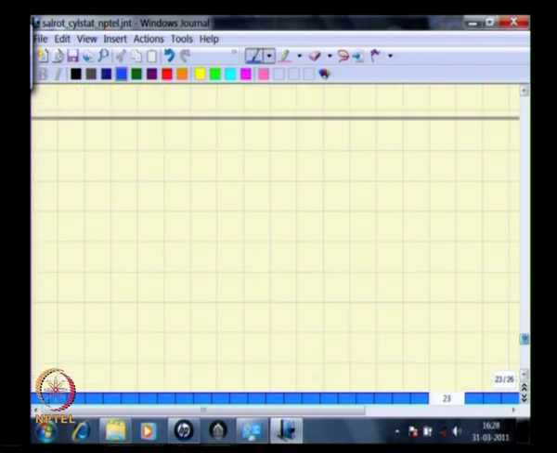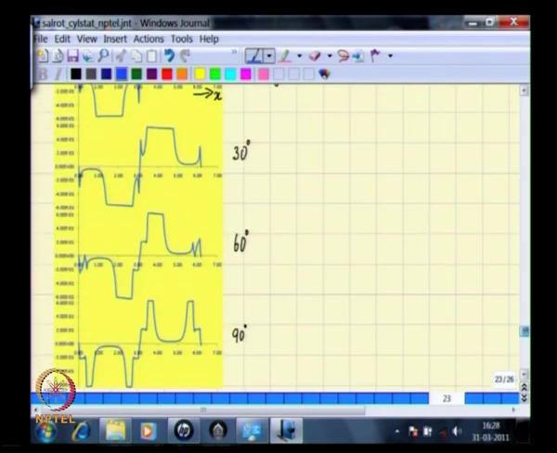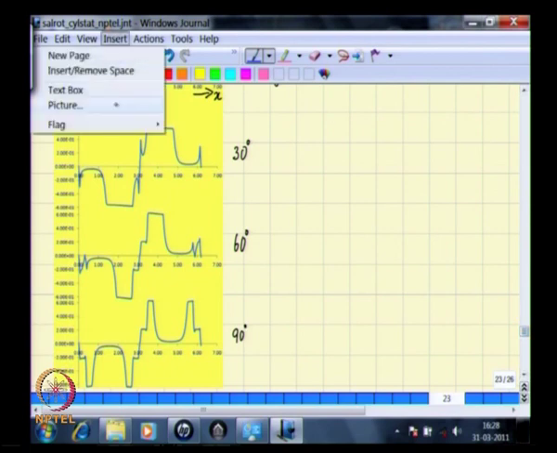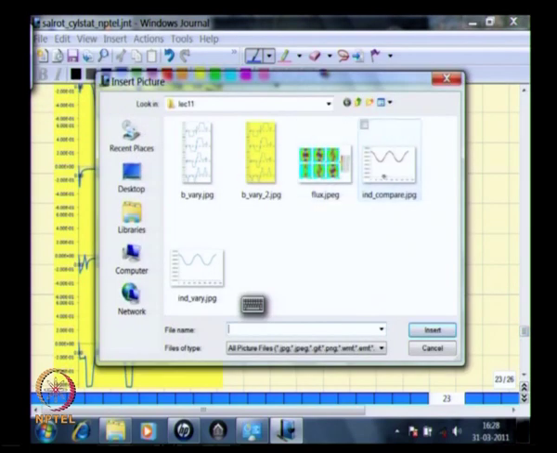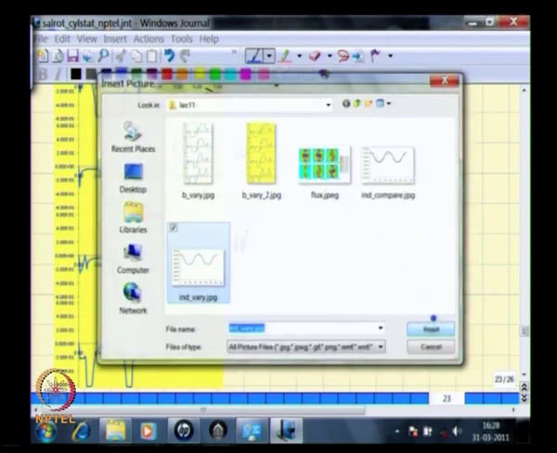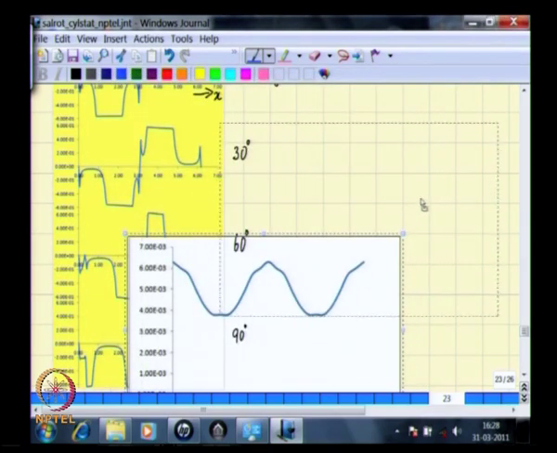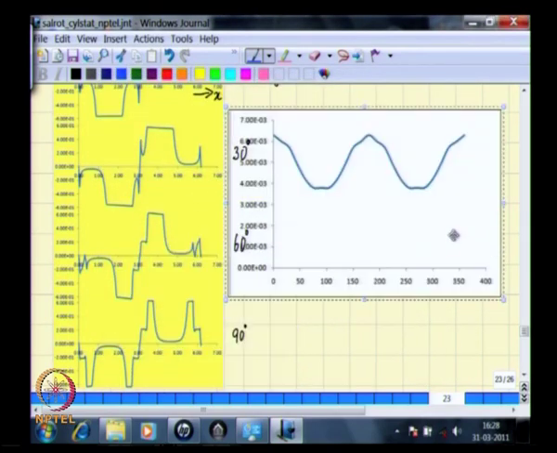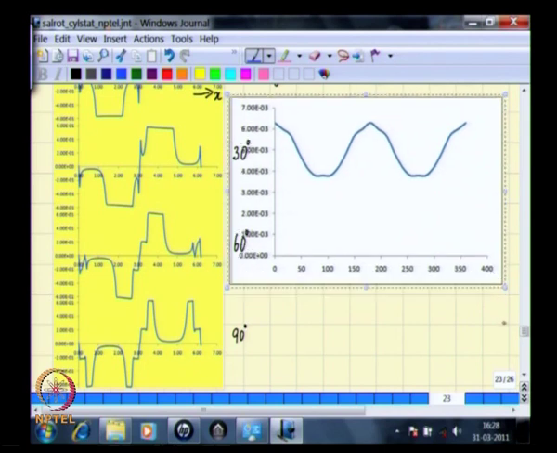If we however look at the variation of inductance, now let us look at another plot which shows the variation of inductance. So here you have a plot which shows how the inductance is going to vary for the stator as the rotor is going to rotate.